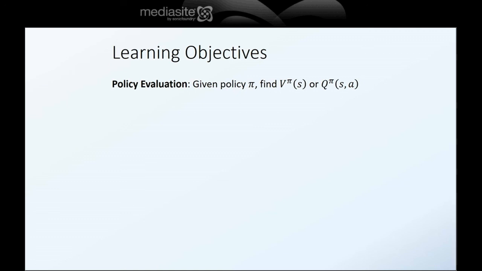We know the policy, we want to evaluate the value of a state, or the value of a state-action pair. Policy improvement is when we want to optimize. So we want to find the optimal policy pi star. And we may or may not have to compute V star and Q star in the process. It depends on the algorithm.